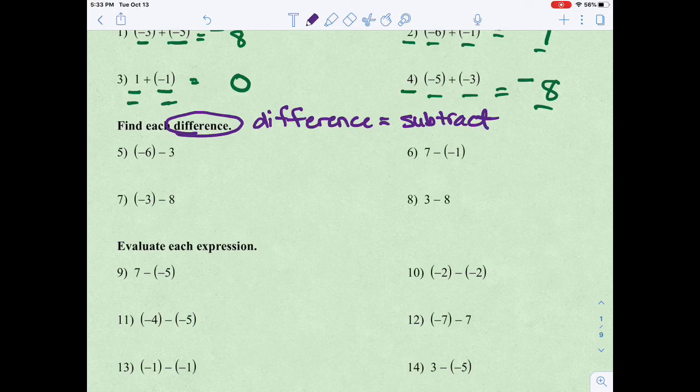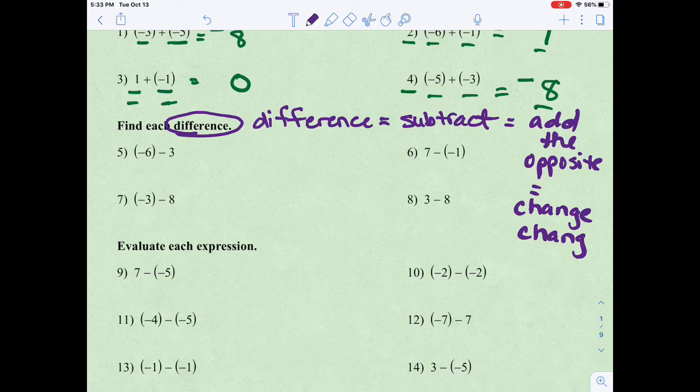But if you will remember, I told you that there's no such thing as subtraction. Subtraction is add the opposite. Or I like to say change.